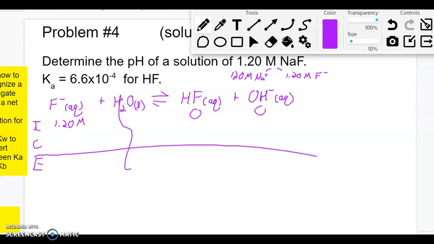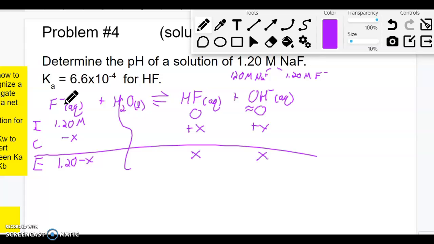We're going to assume that these concentrations start at 0, even though, remember, this OH minus concentration is really 1 times 10 to the negative 7th in neutral water, but because it's so much smaller than everything else, we can assume that it's negligible. And our change, we're going to be forming products, so we're going to subtract X, plus X, plus X. And it's all just plus 1x or minus 1x, because all my coefficients are 1. That's nice. But then at equilibrium, I have 1.20 minus X, and here I have X and X.